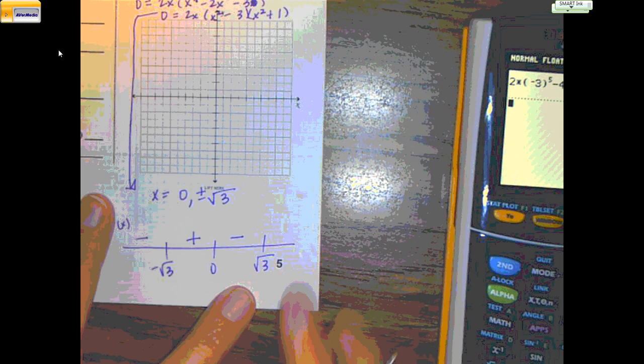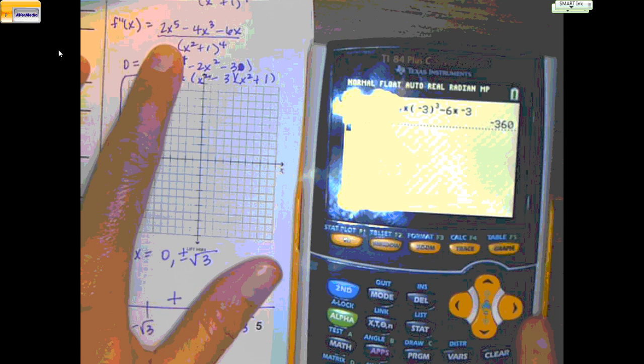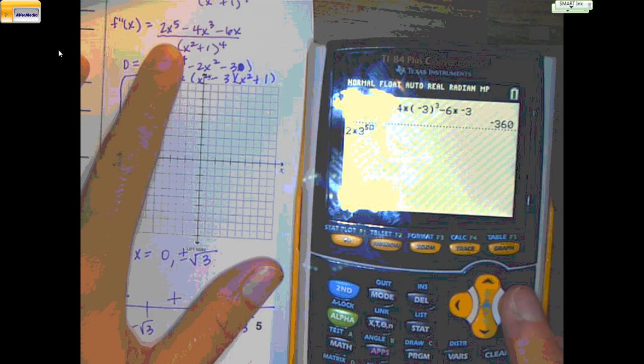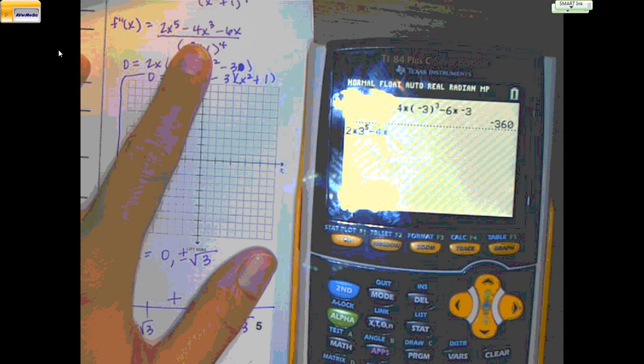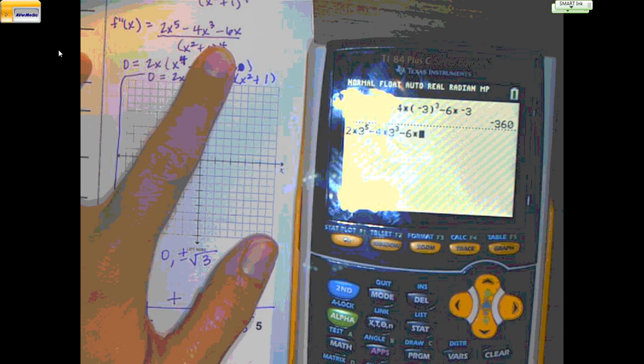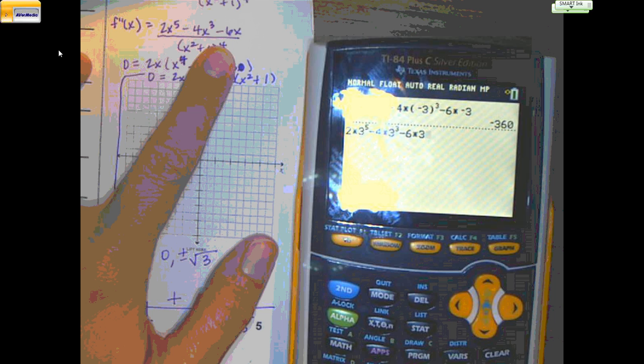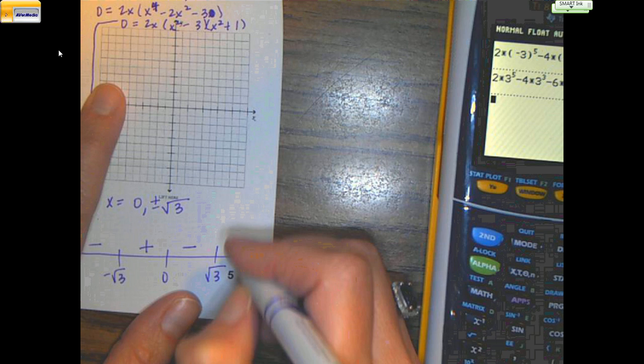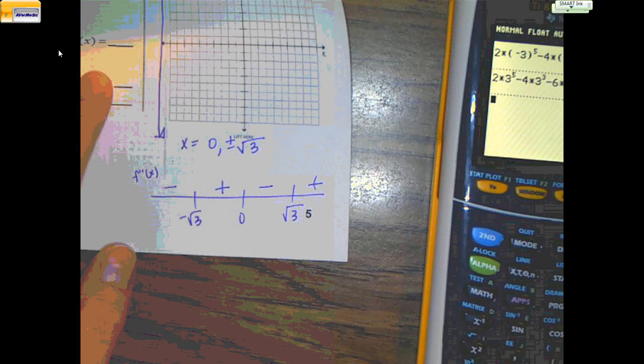And then if I put in, say, a positive 3, on the top we wind up with a positive, and the bottom we know is a positive, so we get a positive. So now you can get your concave up and concave down.